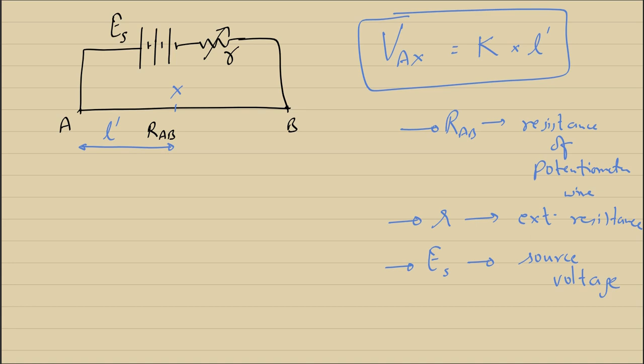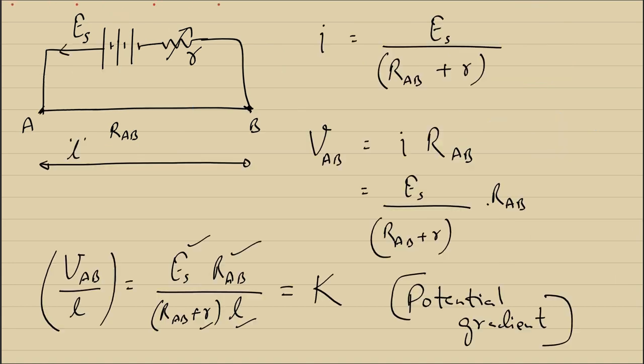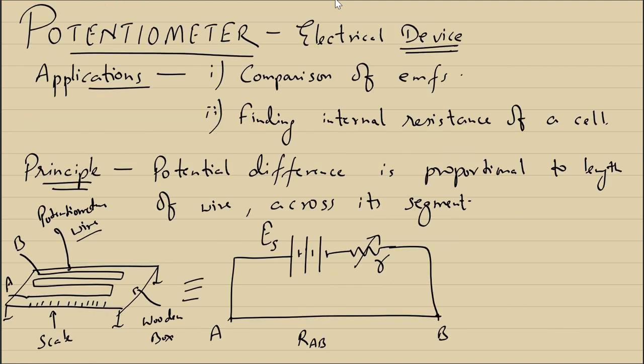Now we have understood so far the concept of the potentiometer, that it works on the principle that the potential difference is proportional to the length of the wire across its segment. So it is clear now that across whatever length we need to find the potential difference, in the case of a potentiometer wire, it is proportional to its length only.